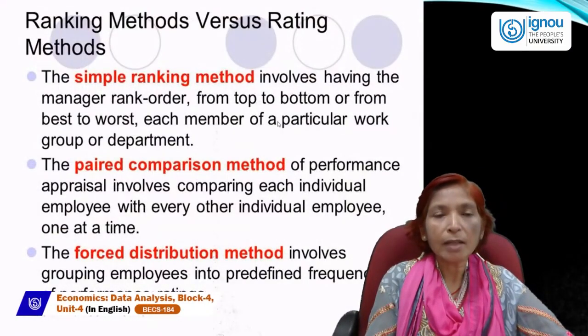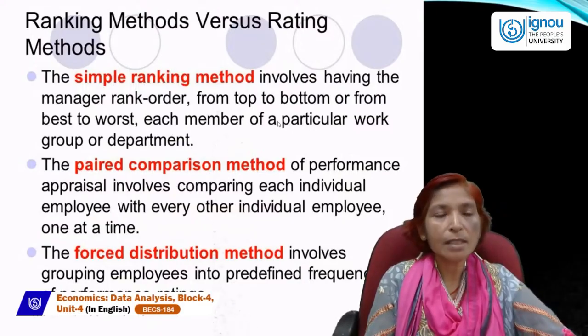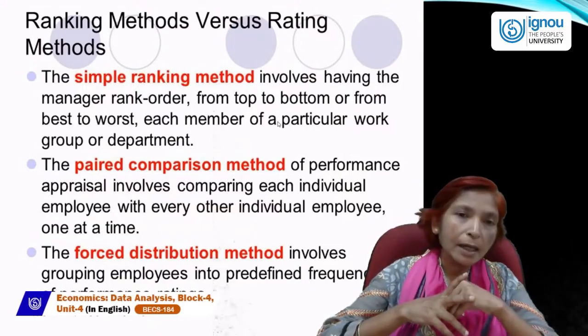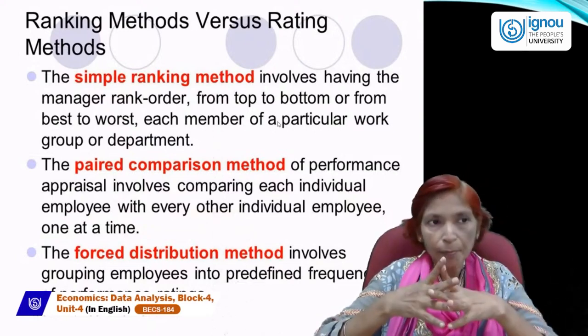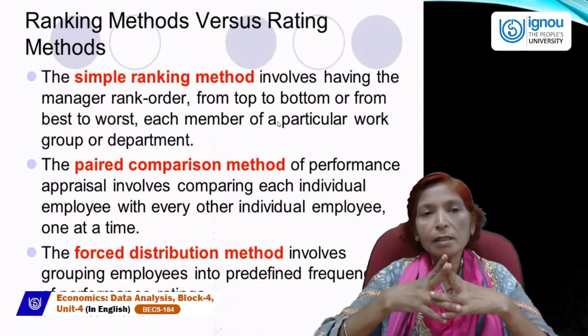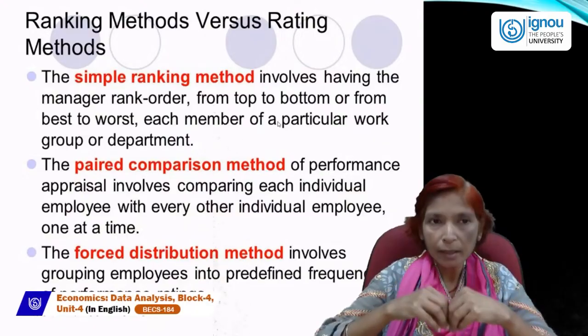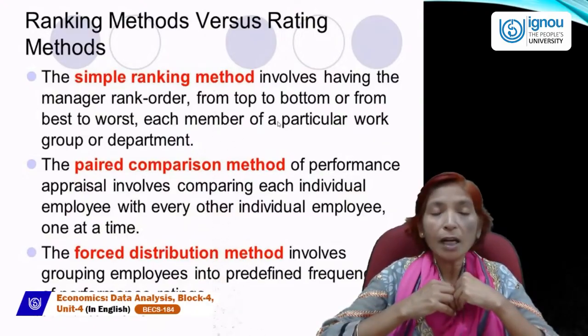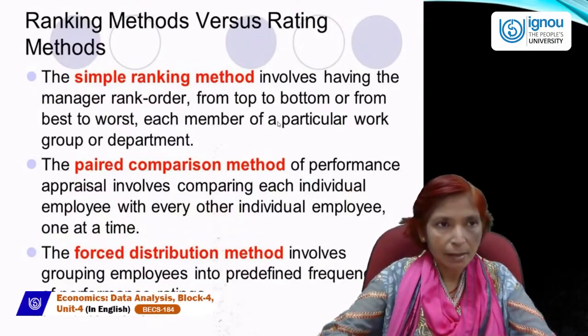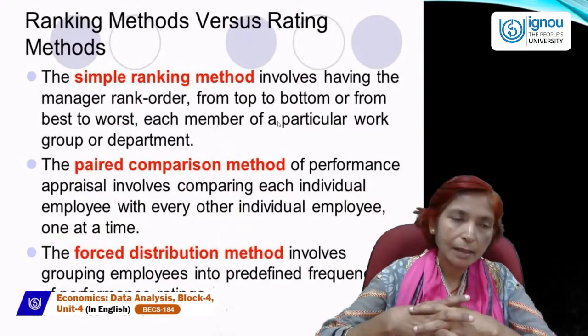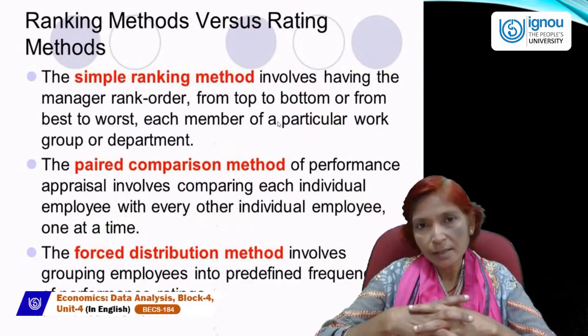Next is ranking method versus rating method. What is the difference between ranking and rating? Ranking is an ordinal thing. Sometimes when we have qualitative data, which we can't estimate or measure in accurate numbers, then we can give only ranks according to our preferences.